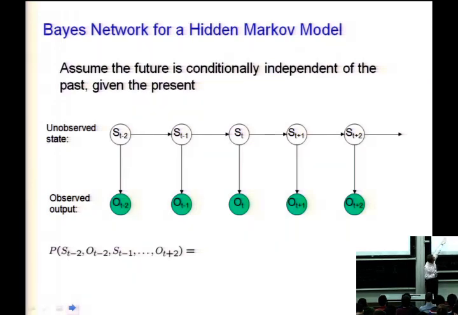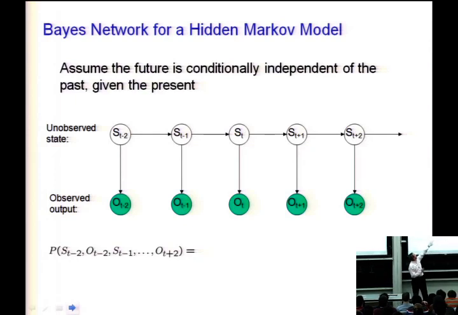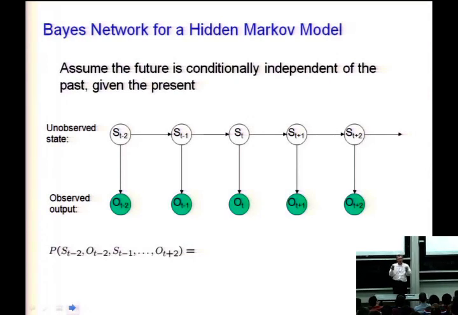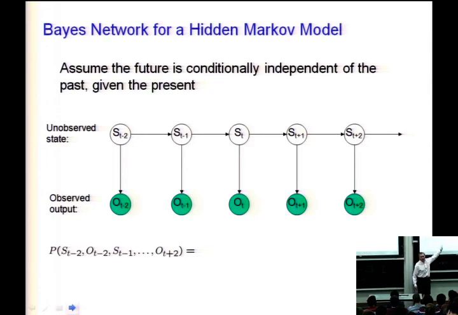We assume there's some sequence over time of observations O sub t and O sub t plus 1 and O sub t plus 2 and so forth at different times. In speech, that might be different phonemes that our microphone is picking up, different frequency power in different frequency bands at one time and at another time.